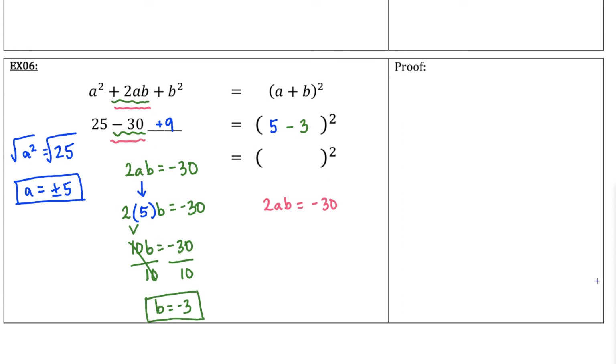This time I'm going to say that the a is negative 5, and we'll find out what b would be if a was negative 5. So 2 times negative 5 is negative 10. Divide by negative 10. Oops, I should probably write that a little nicer.